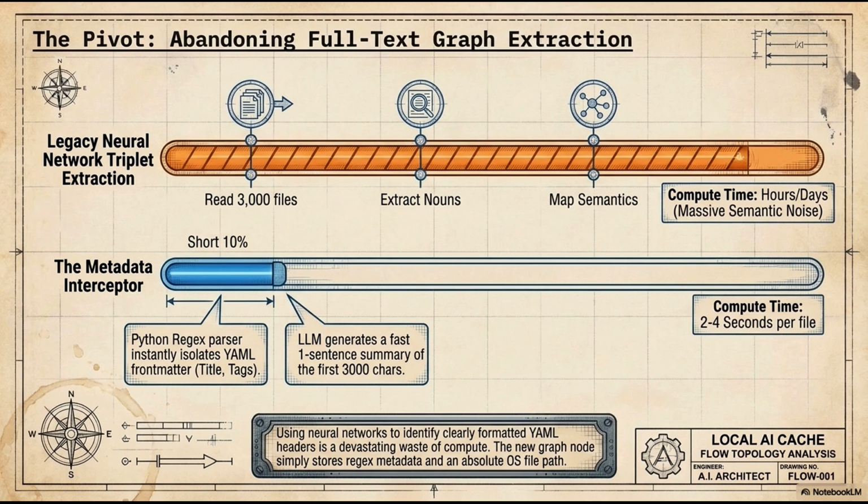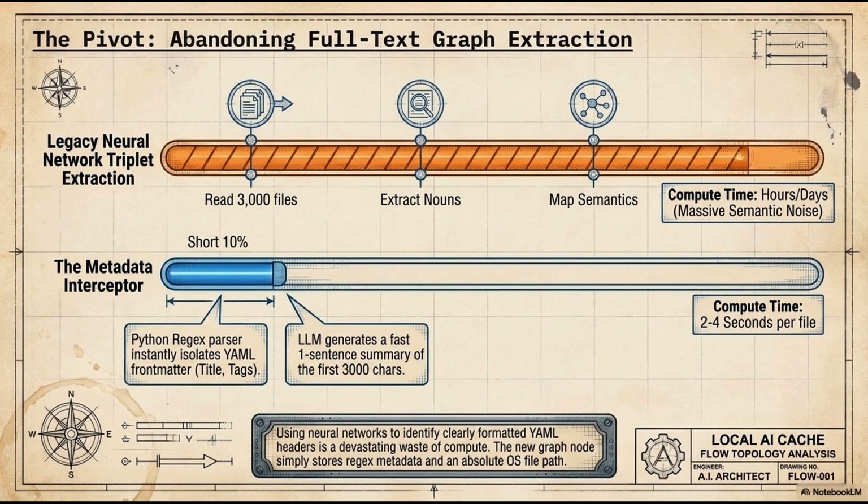The token generation speed and memory bandwidth constraints of the RTX 4060 mean that processing 3,000 files sequentially for complex triplets is practically unfeasible. And a run of that duration risks hitting an unhandled formatting anomaly halfway through, crashing the script and forcing him to start over from scratch.